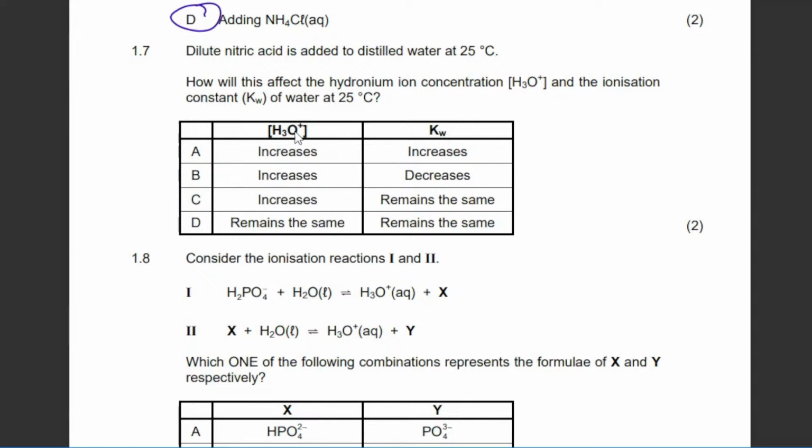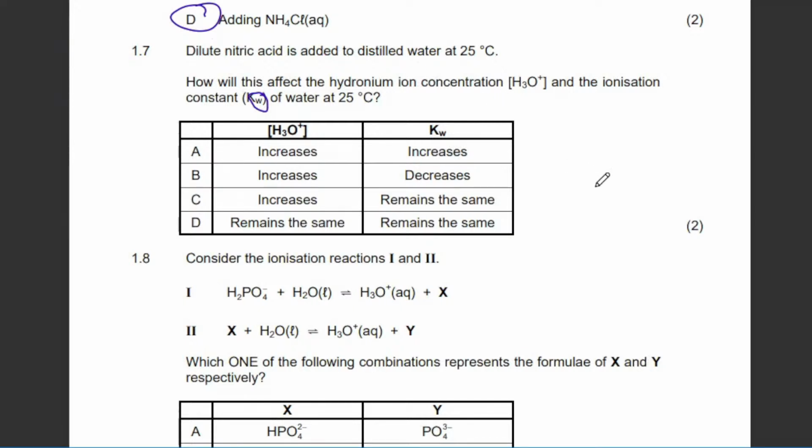Kw means ionization constant for water. So at 25 degrees C, how will this affect the hydronium ion concentration? Dilute nitric acid is added.